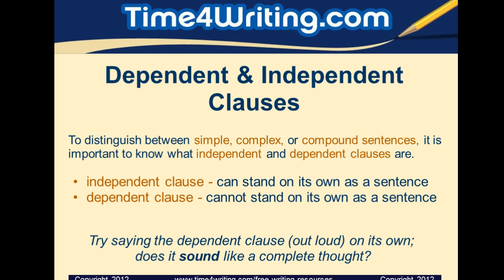Whereas an independent clause can stand all by itself as its own sentence. So it's independent. It doesn't need anybody else, whereas a dependent does. You have to think to yourself, and usually say it out loud. Try saying a clause, and if it doesn't sound like a complete thought or a complete sentence, then it's a dependent clause.